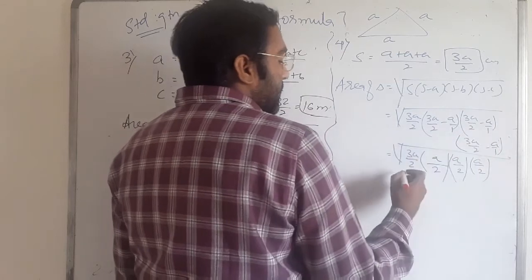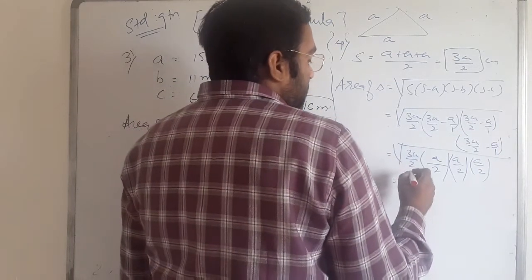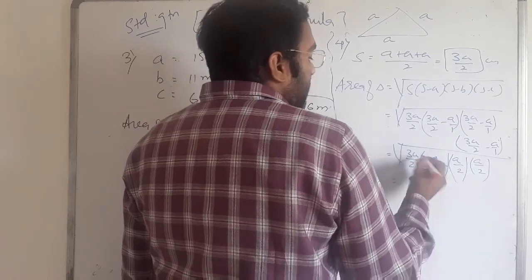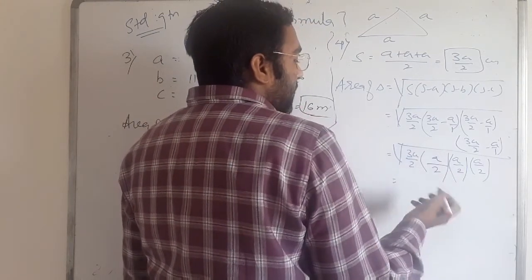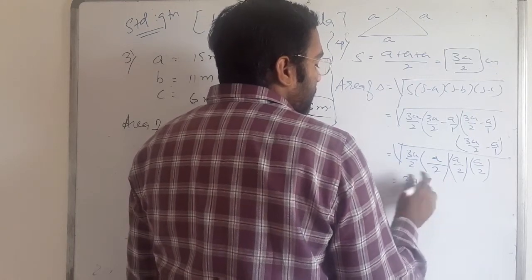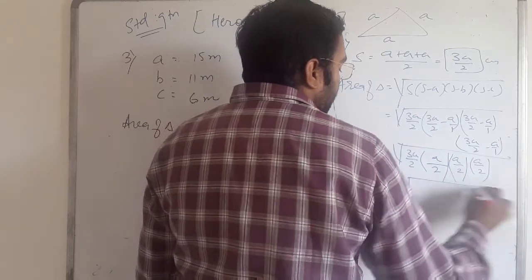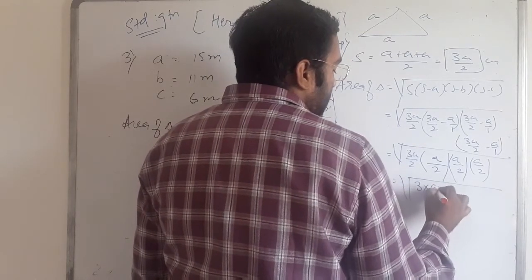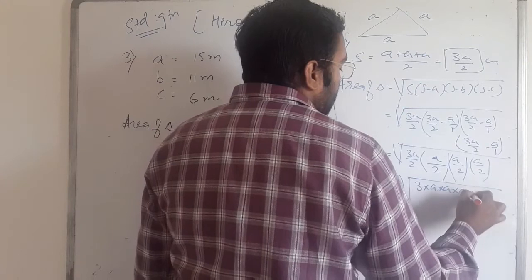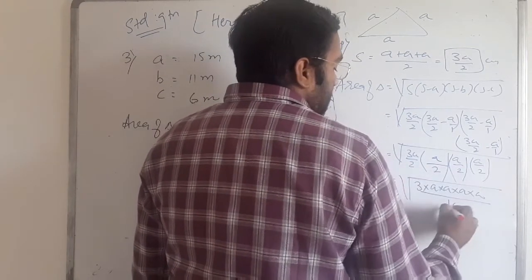So what is my multiplication? That is a pair of a, which we have to take common out. So I'll write it here as 3 into a into a into a into a upon 2 to the 4, that is 16.